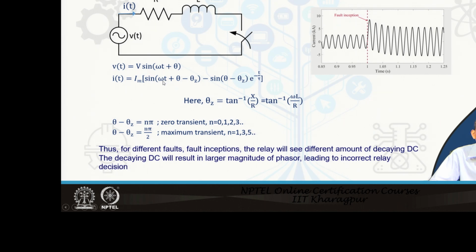Our target is to capture the fundamental from this signal. This component modulates the signal. So, the purpose is to examine how influential this part is to the phasor estimation technique.